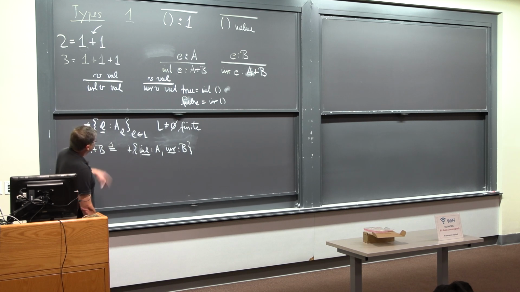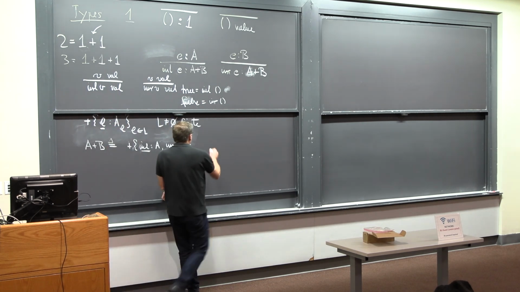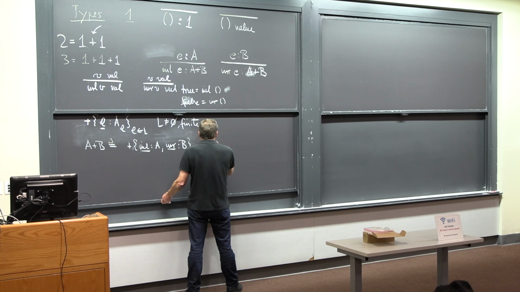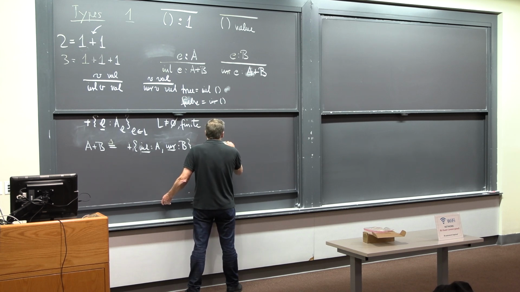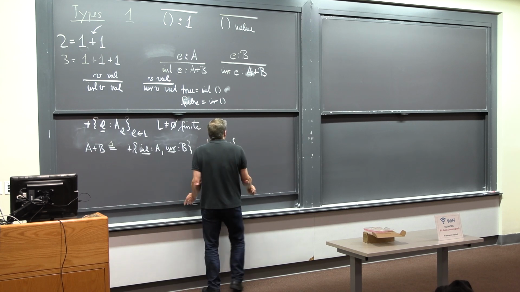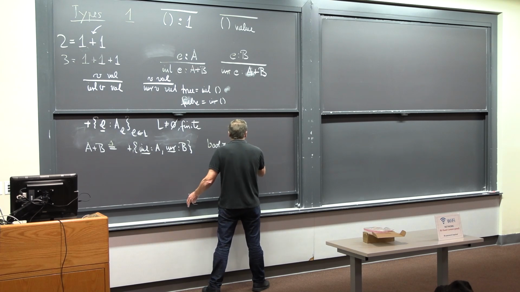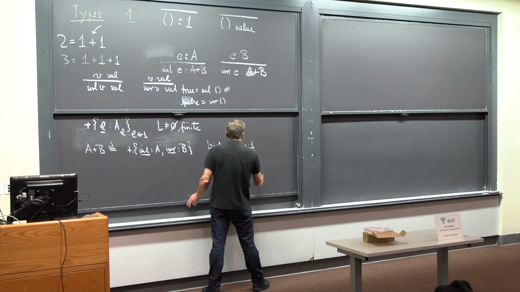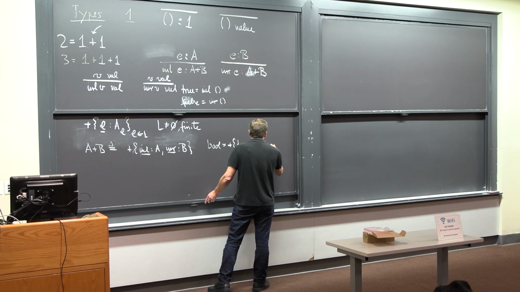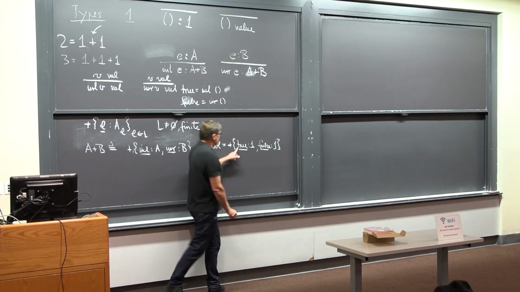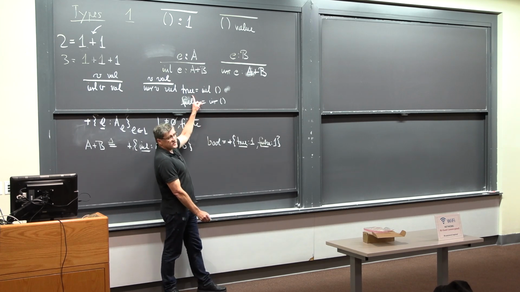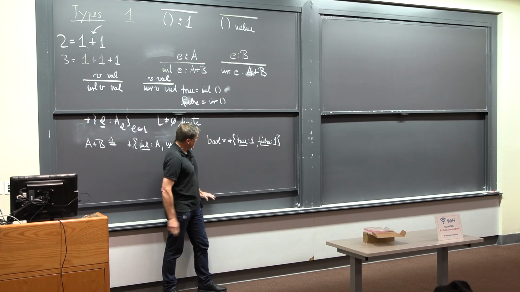So then I would probably define the type 2 this way. I would say the type of Booleans is a sum between true, comma 1, or false, comma 1. But you have to remember that these things aren't exactly the same as the thing over here. These are tags.